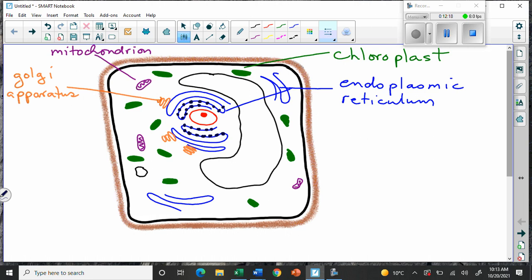So I could draw a line from this guy right through here, the ribosome. And remember, there's sometimes ribosomes found throughout the cell. Not all ribosomes are locked onto the endoplasmic reticulum, so we could put a few of them sort of around on the outside, and maybe draw a line to them so we know what they are. Ribosomes. They're not always on the endoplasmic reticulum, but most of the time they are.